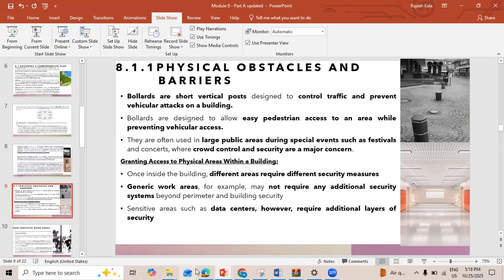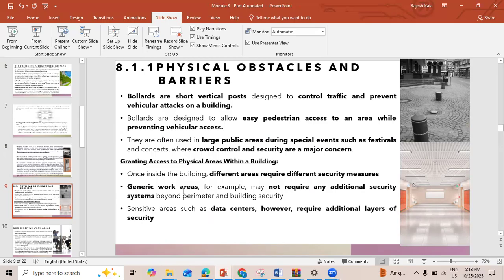And there is one more thing: granting access to physical areas within a building. There are different areas in a company which require different types of security measures. For example, we have a generic work area and a sensitive area.